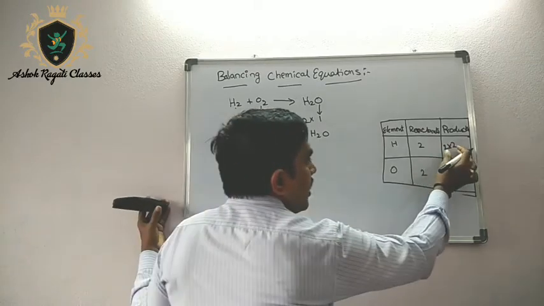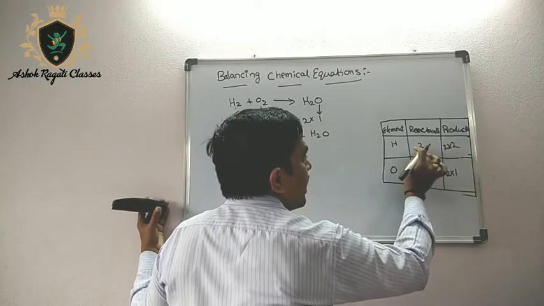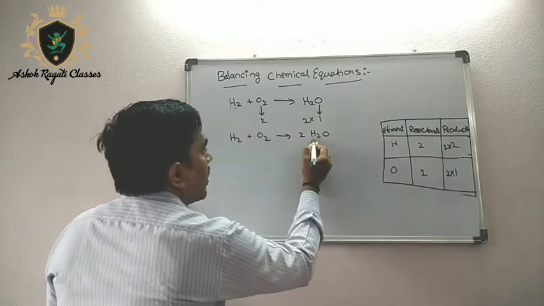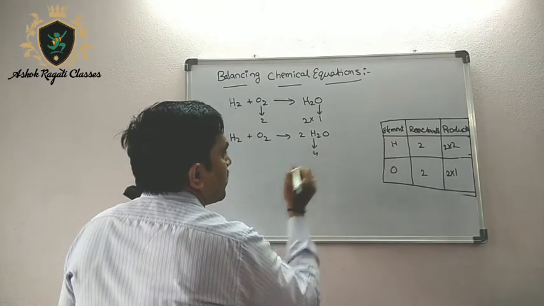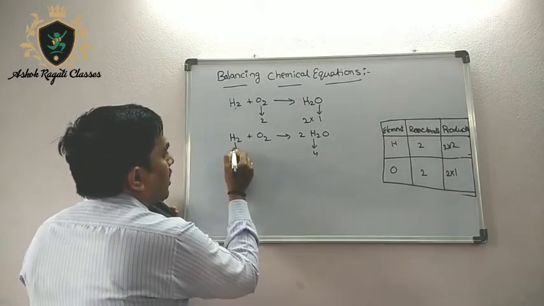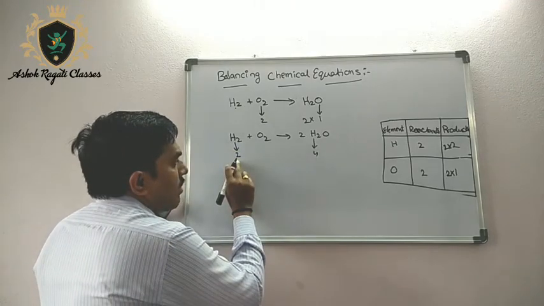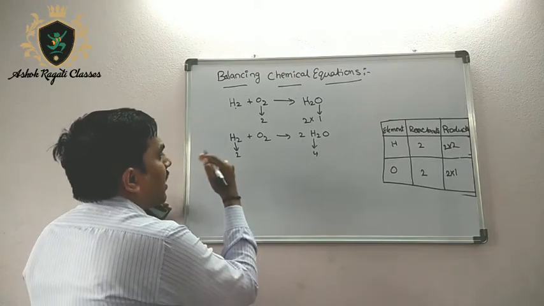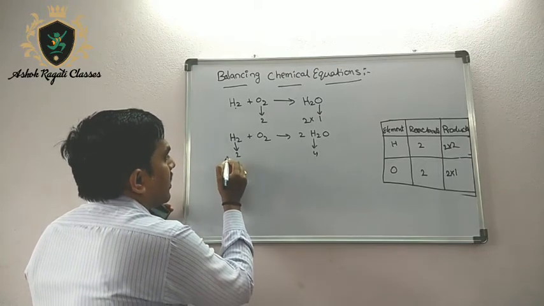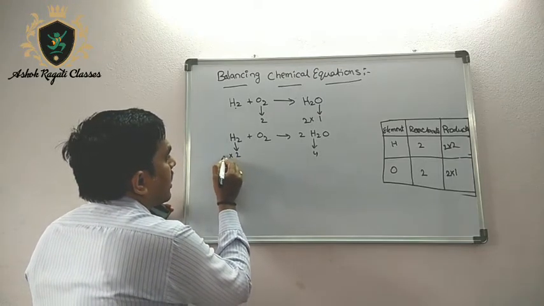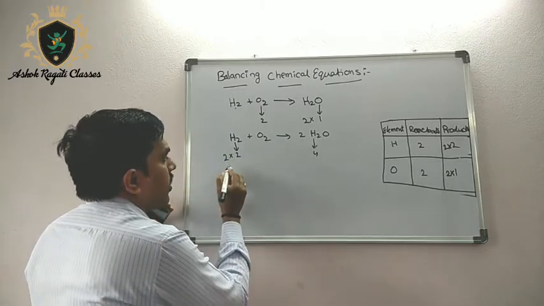Now check. Here 2 into 2 is 4. The number is 4 here, but the hydrogen number on this side is 2. So this side the number is less. I want to multiply with a number to get 4, which is 2.